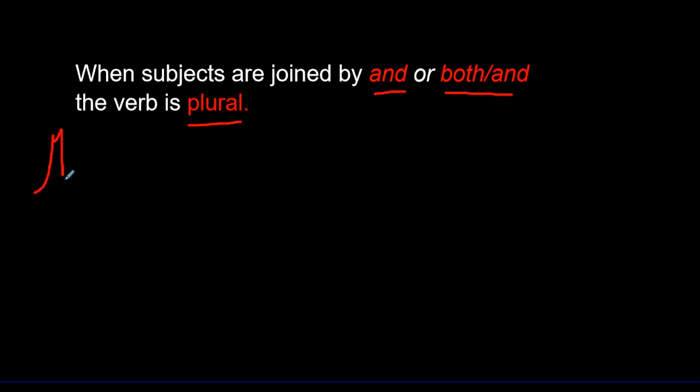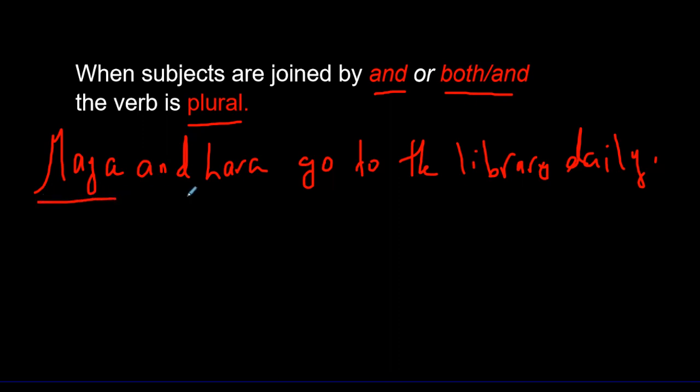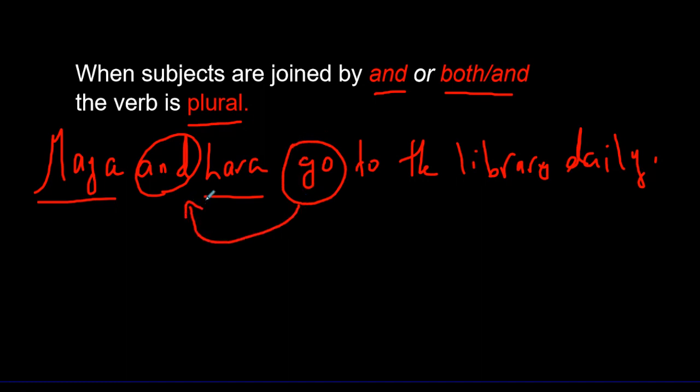Example, if I said Maya and Laura go to the library daily, then the compound subject is Maya and Laura joined by and, and the verb should agree with this plural compound subject.